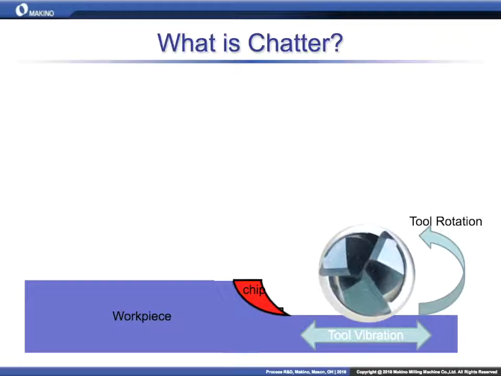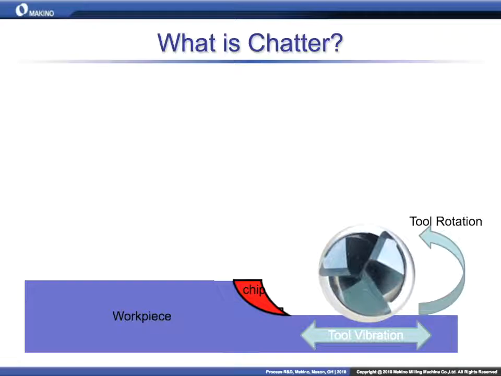We love fancy names for things, so we're going to give this a fancy name: it's referred to as regeneration of waviness, or regenerative chatter sometimes. Once you get into the nitty gritty, chatter is a broad term used to describe any unstable machining process, and the type of chatter that we're going to discuss is the regeneration of waviness.